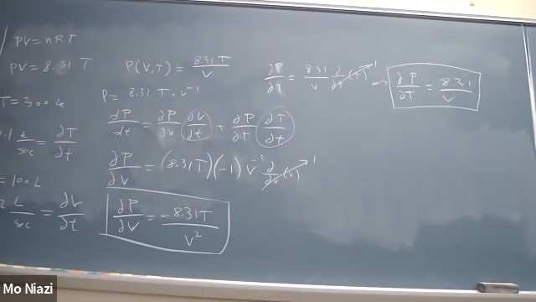Now, don't forget we defined T to equal 300 and V to equal 100.